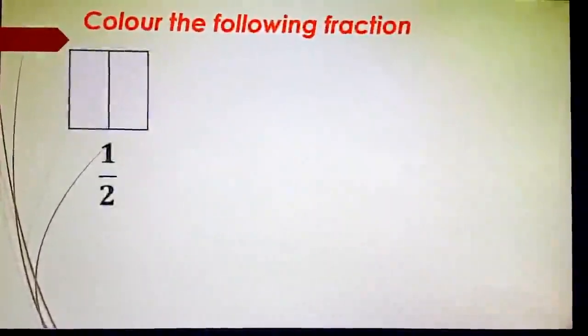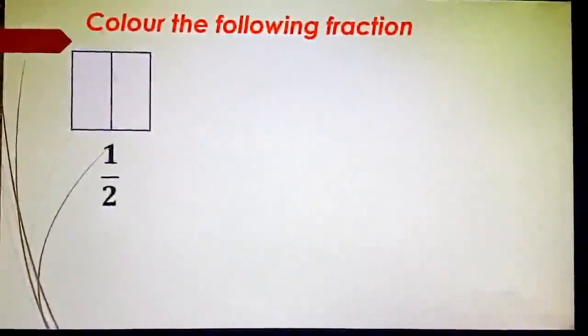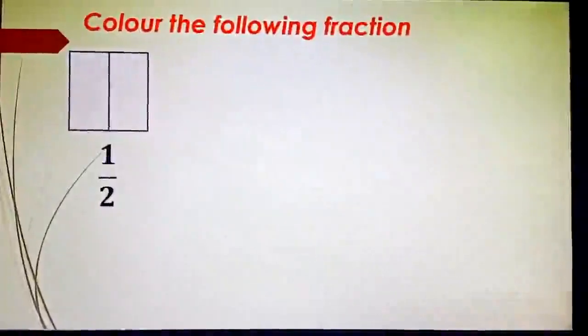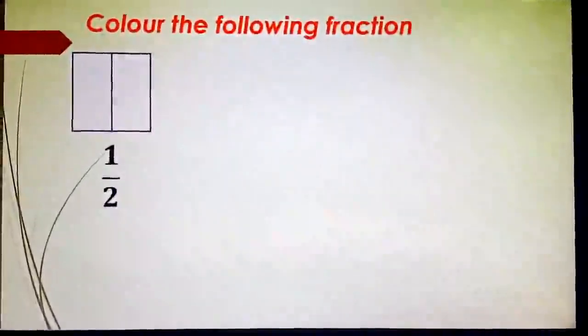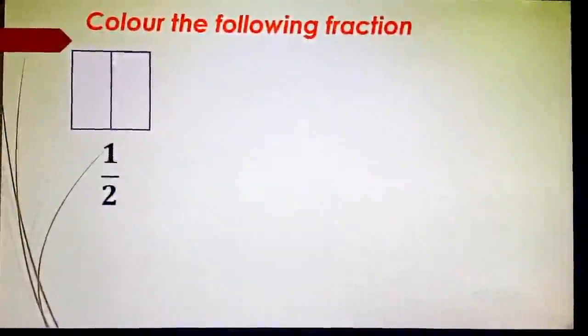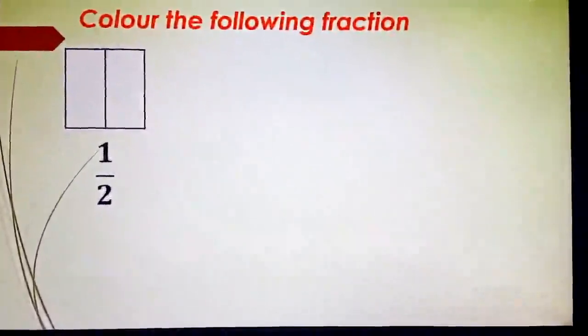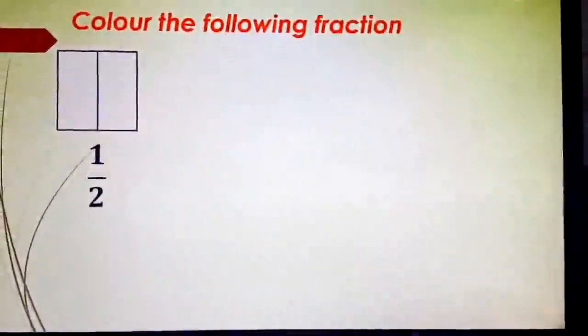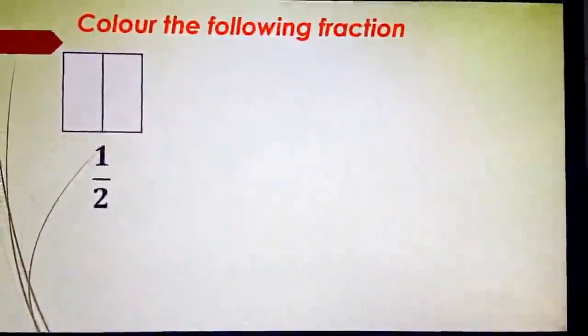Color the following fraction. Here we have to color half fraction. To color half, this means that we will take 1 from 2. This means that we will color 1 part from total 2 parts.